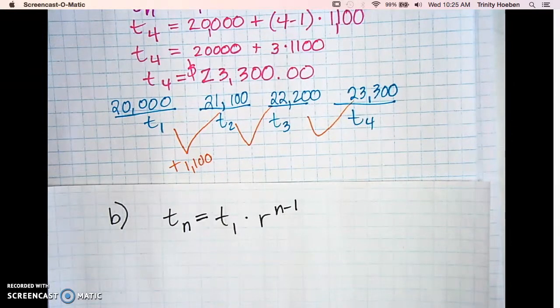who remembers from last chapter when we were doing zombie apocalypse? What did we have to do? You have to add the 1. So instead of just saying 0.05, we have to say 1.05, okay?